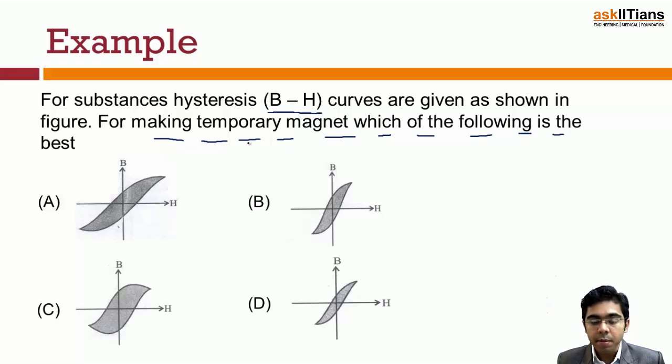According to this, if we compare the four options, option D should be correct. Only this option shows a very thin loop. Now let's proceed towards the next example.